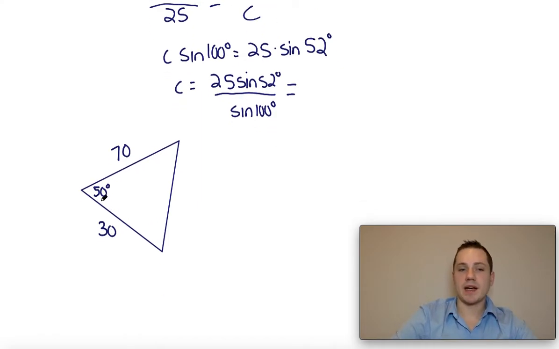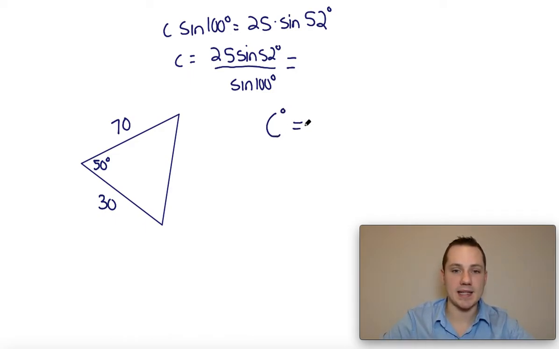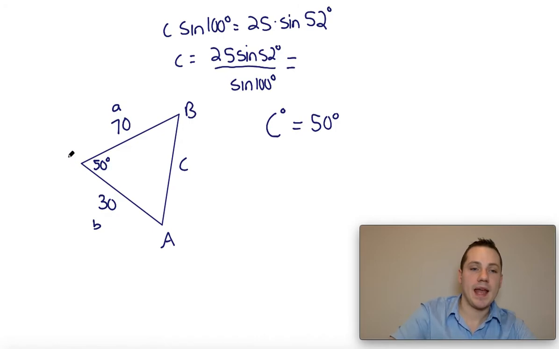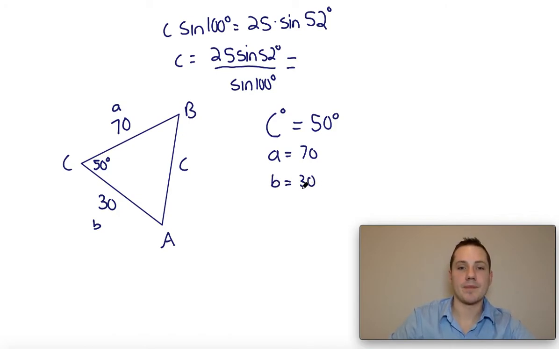So what I'm going to do here is let angle C, I'm going to note that as C degrees because it's a little bit hard to see the difference in C's. So C is 50 degrees. And then I'm going to call this side A, this angle A, this side B, and this angle B. So I can see that side A is 70 and side B is 30.